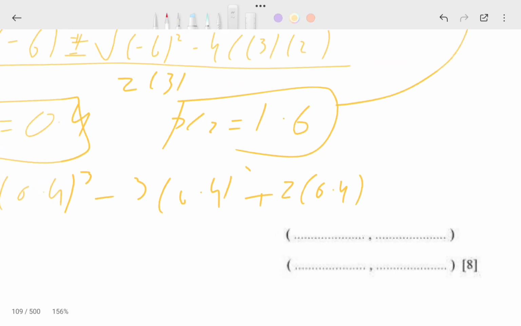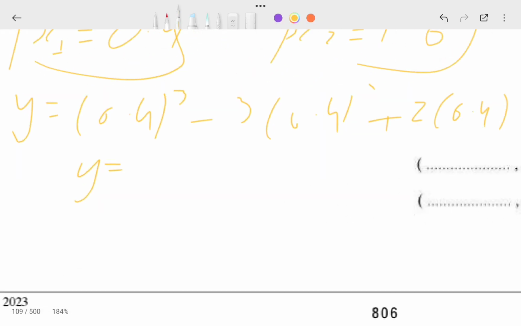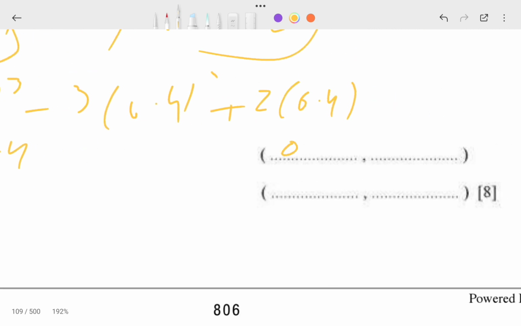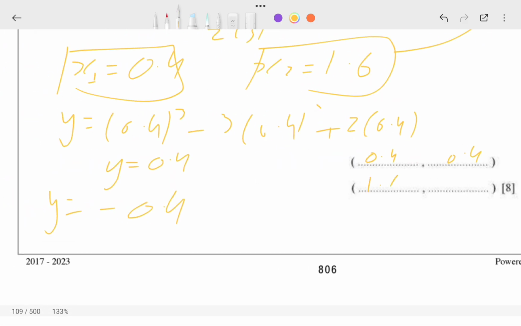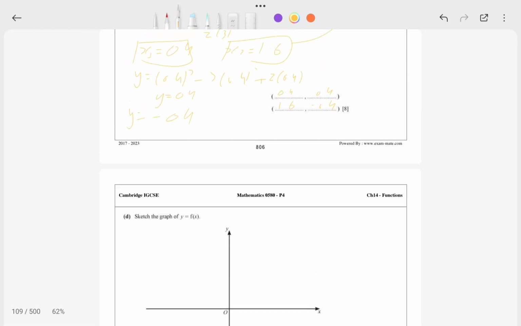Now we will solve this in calculator, and we will get y is equal to 0.4. So one coordinate of turning point is (0.4, 0.4), and the second coordinate, I'm putting directly 1.6 in the equation, and the y value will be minus 0.4. So (1.6, minus 0.4).